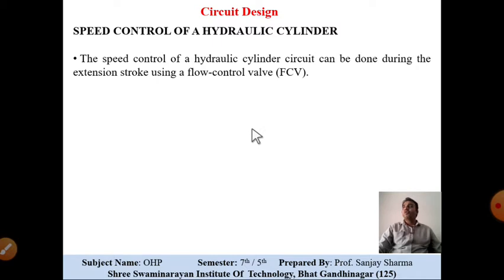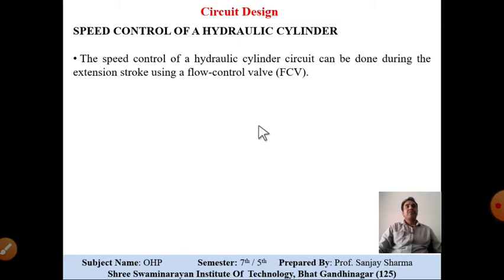The speed control of a hydraulic cylinder circuit can be done during the extension stroke using a flow control valve. So in an extension, in order to control the speed, some arrangement is required in a hydraulic circuit, that we will see later on in this video, how this circuit is designed in order to control the speed of the actuator.